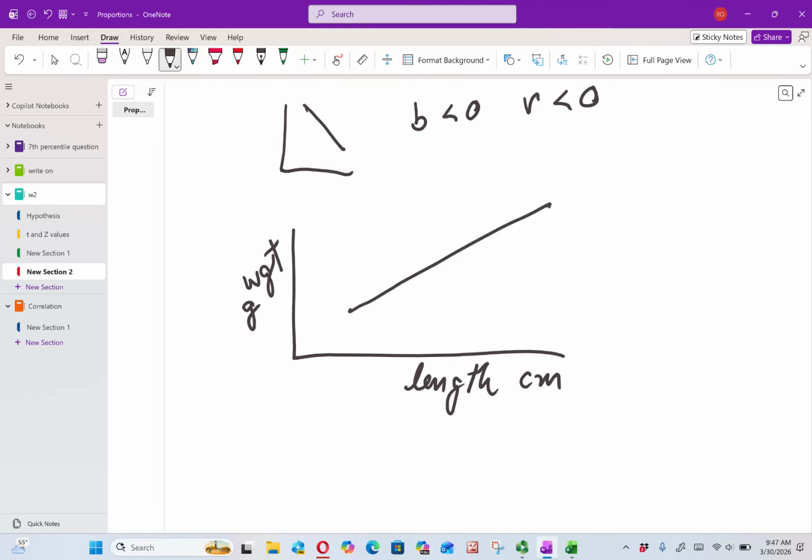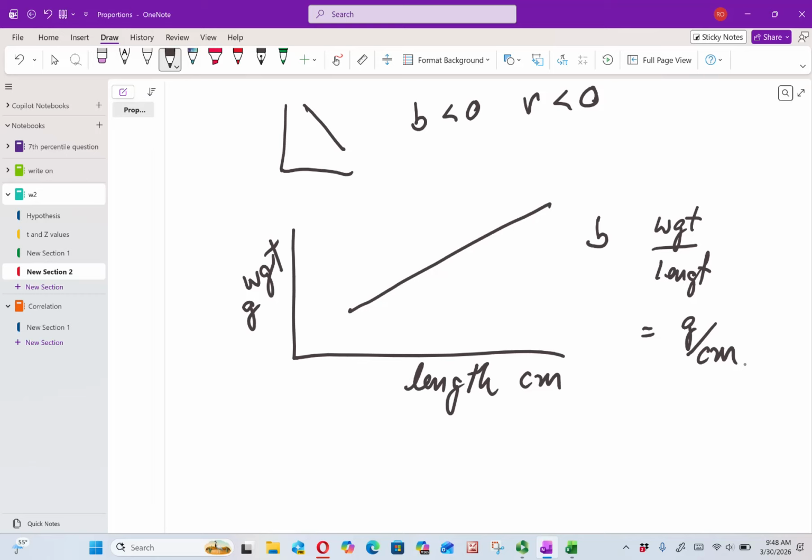What is the slope measured in? Rise over run. What's the rise? Weight. The run is length. The slope is in weight divided by length, which is equal to grams per centimeter.